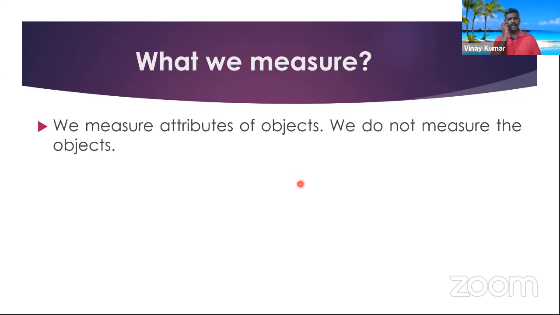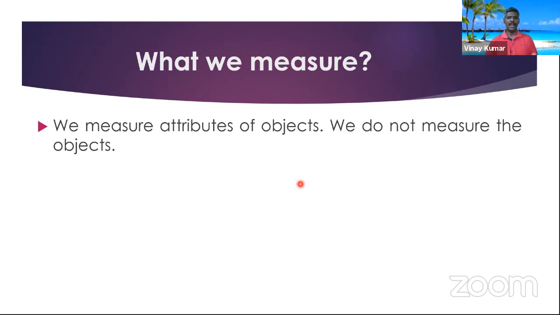For example, when I'm taking a customer for my study, I'm not measuring the customer, but I'm measuring the attributes of the customer. That's the understanding here. Similarly, when I take a product, for example doing research on the quality of a new product, I'm not trying to measure the product, but the attributes of the product. So that's one of the important understandings here.